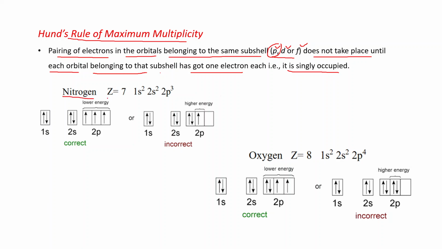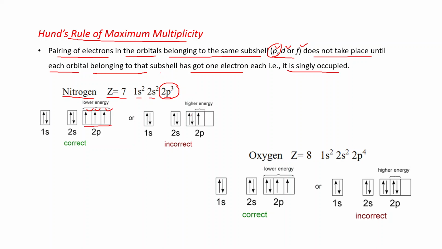With the help of one example, nitrogen, atomic number is 7. Its electronic configuration is 1s2, 2s2, 2p3. Now how are these 3 electrons in the p subshell distributed? 2 ways are there. There are 3 orbitals. Each orbital will occupy a single electron, all with the same spin.